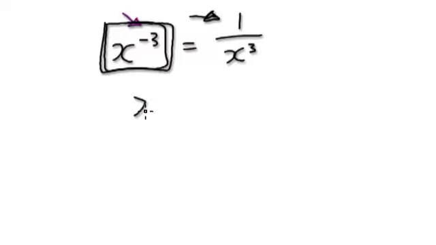Okay, so x to the power of minus 7. Well, if you don't really understand this, then inside your mind convert it to this. So you could have x to the power of, let's say, 3. Well, x to the power of 3 means x times x times x.